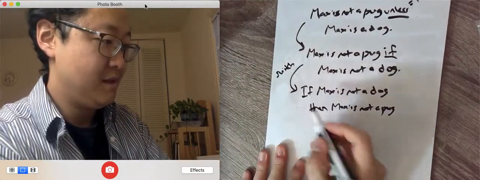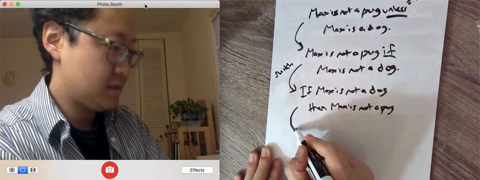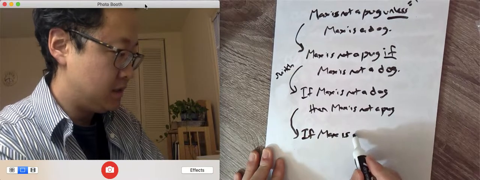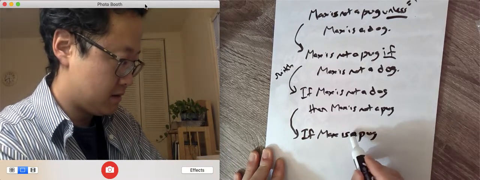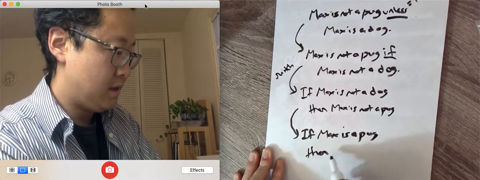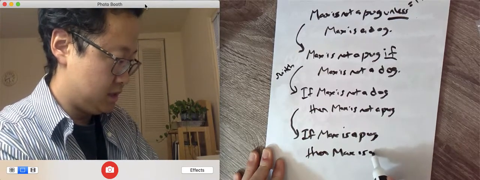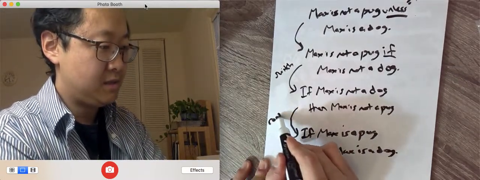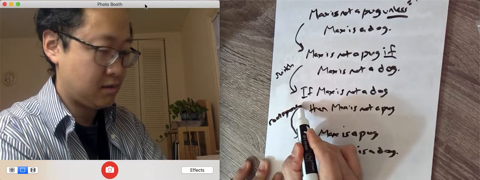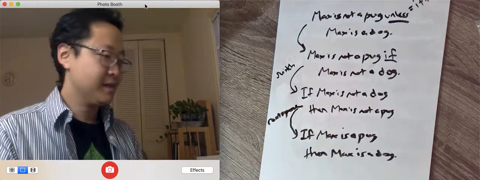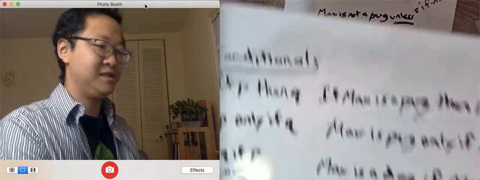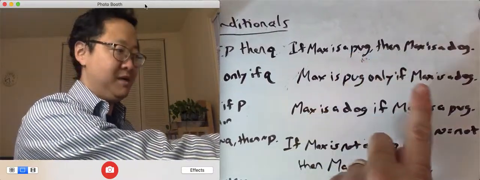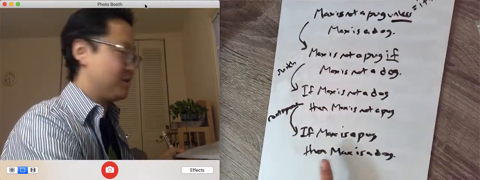So that becomes if Max is a pug, then Max is a dog. Okay, and we use contraposition. And hey, that's what we said it was. So Max is not a pug unless Max is a dog is the same thing as if Max is a pug, then Max is a dog, which is where we ended.